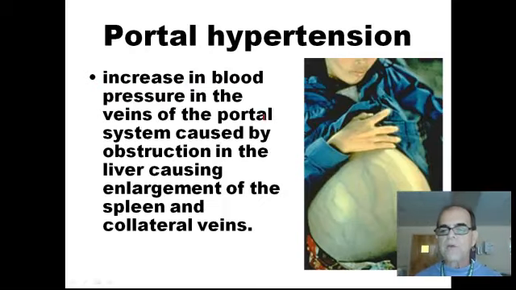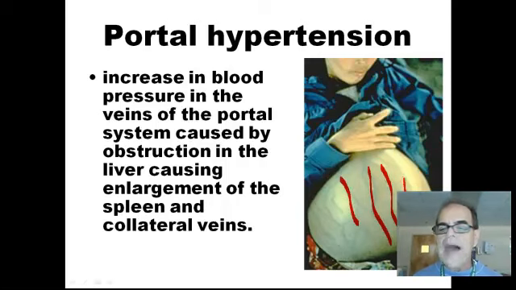Portal hypertension, you can see the picture, very big ascites with collateral veins. The blood cannot go through the liver and takes collateral veins. Increase in blood pressure in the veins of the portal system.